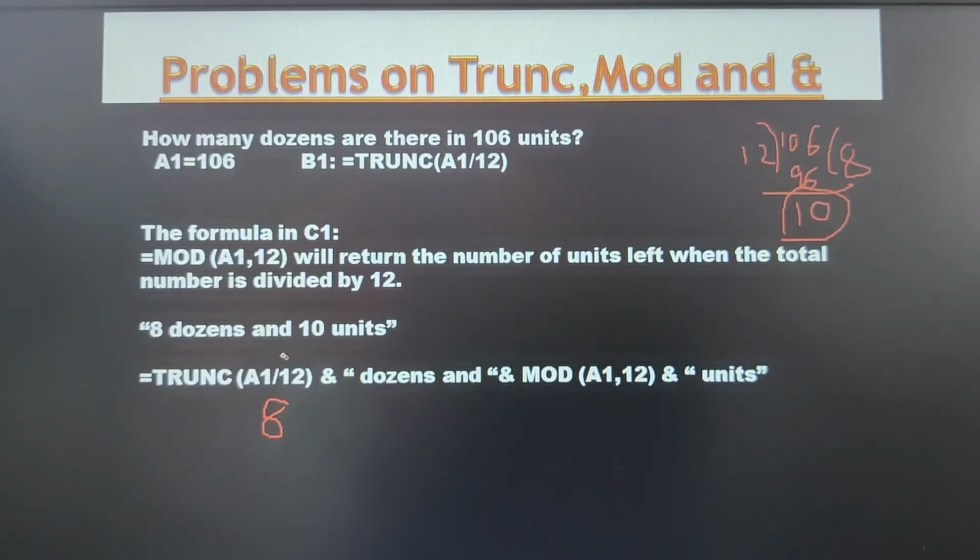Right now at this point it will print 8 dozens, and then by this formula I will get 10. Again we have the next text to be printed, so I should again use the ampersand followed by whatever text is enclosed within double quotes. So we can club more than one built-in function to solve problems, and with the help of ampersand we can have appropriate text with the values. I hope you are able to understand.